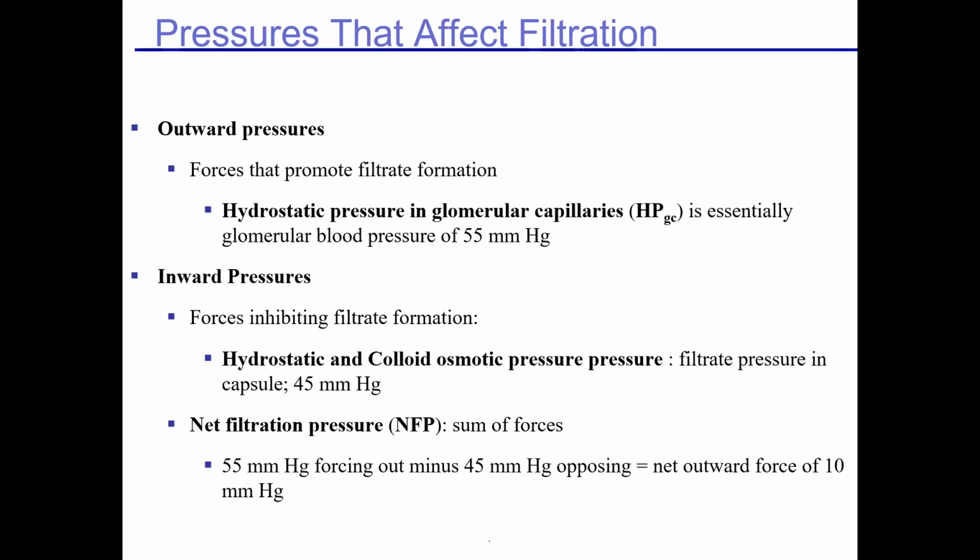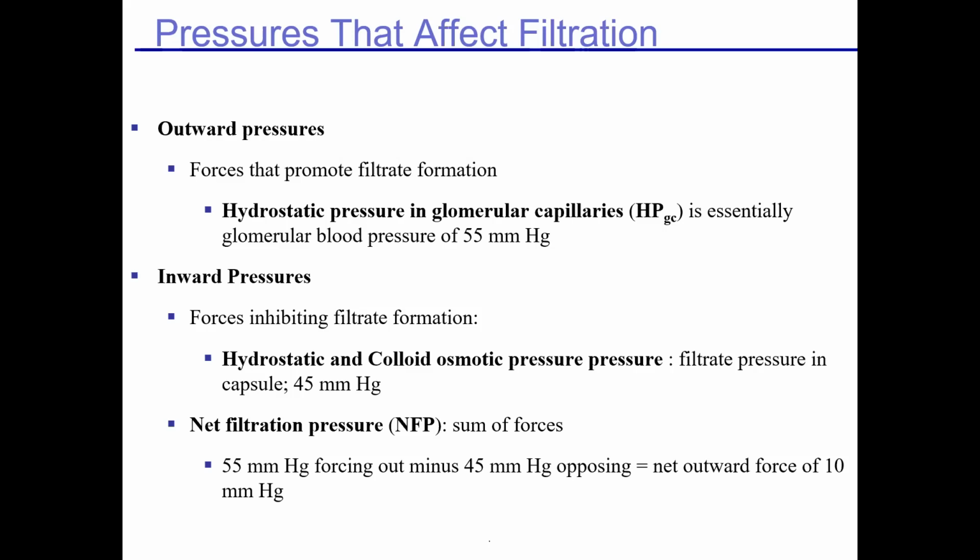Think of the back pressure like in the pulmonary trunk. When blood in the right ventricle has to open the semilunar valves for the pulmonary trunk, you have to overcome the pressure in the pulmonary trunk. So the ventricle has to squeeze the blood to generate enough pressure to flip the semilunar valve open. So we're used to this idea of overcoming back pressure. Well, we have back pressure in the filtrate that's already there.